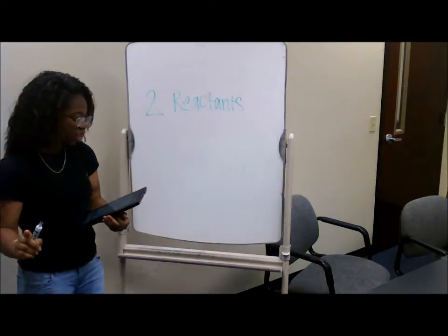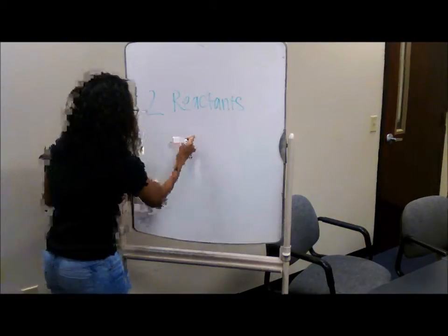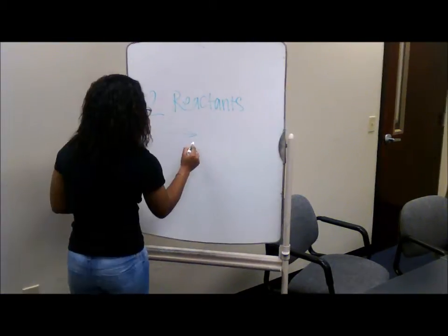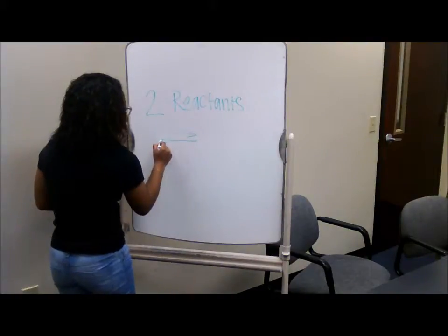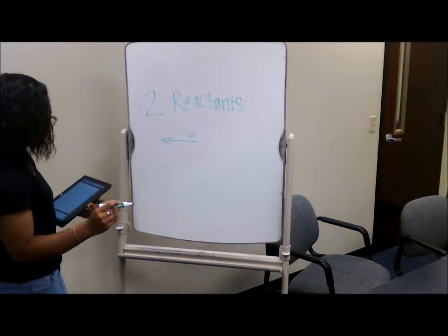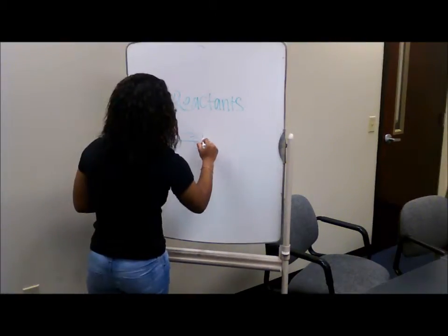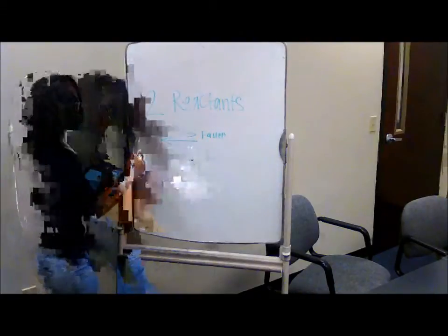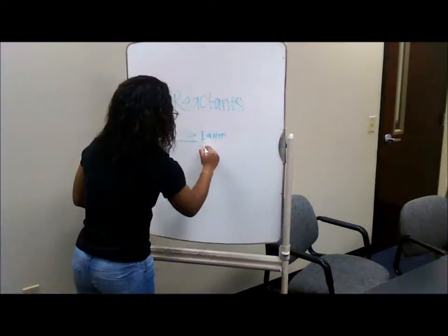There's one reaction that moves forward and another reaction that moves in reverse. The forward reaction moves at a faster pace, and the reverse reaction moves at a slower pace.